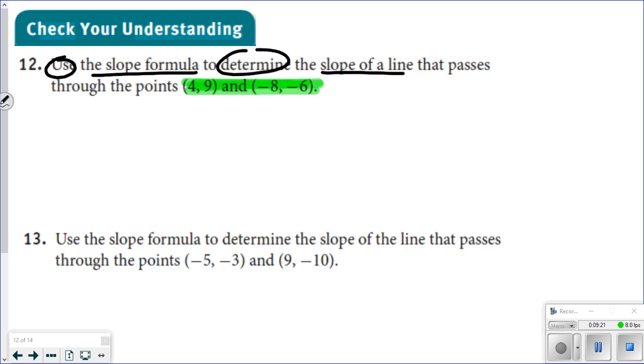X is always first, Y is second. This is our first point, so it's x1, y1. This is our second point, so we're going to write x2, y2.